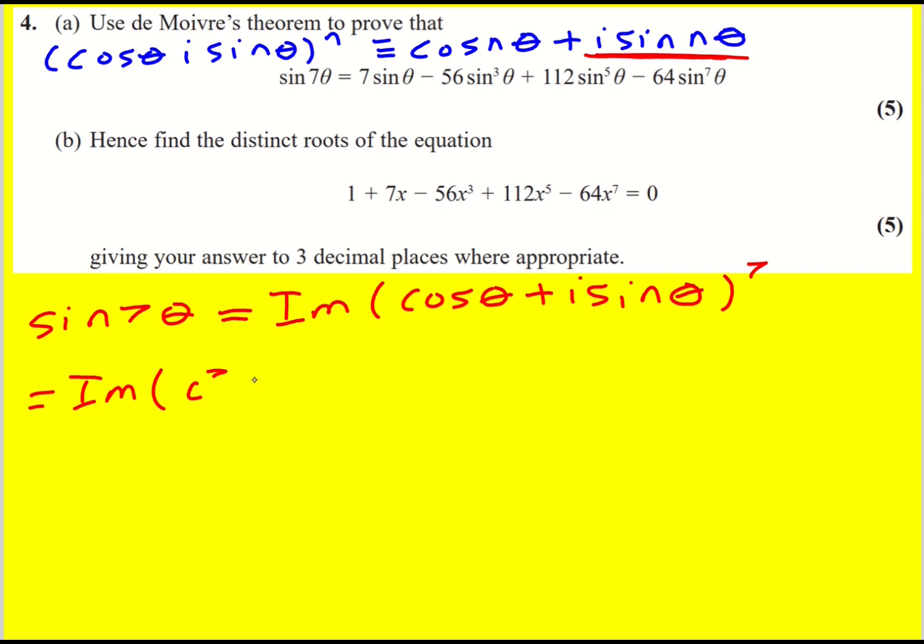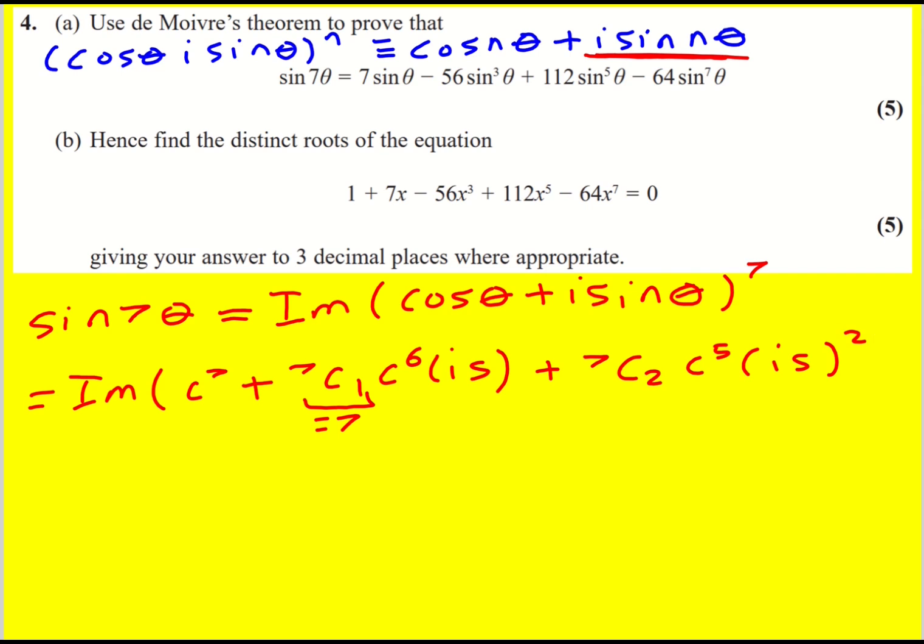So c to the 7 plus 7C1, c to the 6 times is, that's my i sine theta. By the way, that is equal to 7. Plus 7C2, c to the 5, is all squared, and that is equal to 21, this term here.